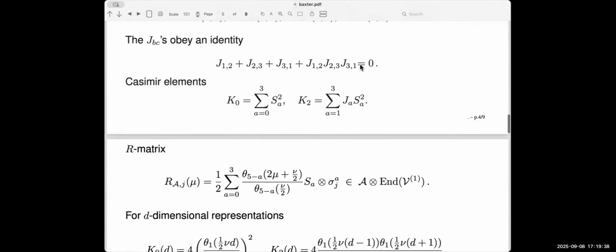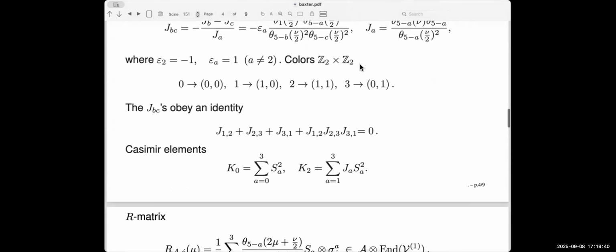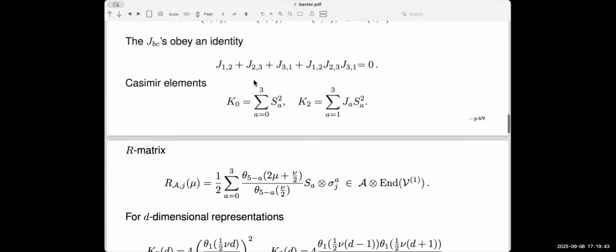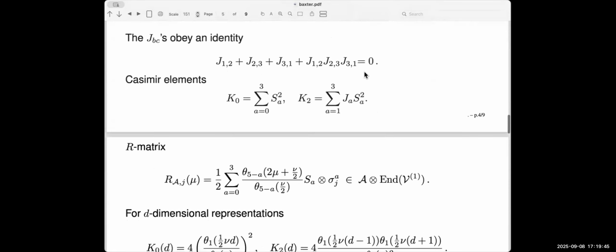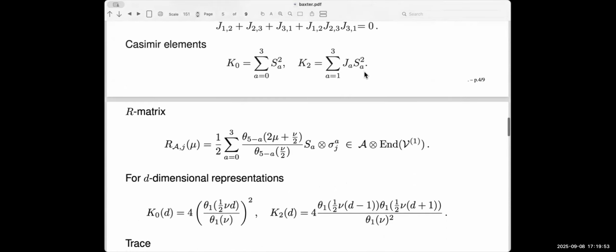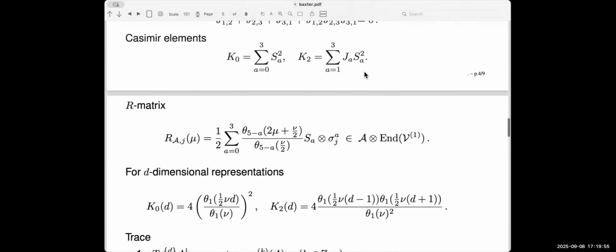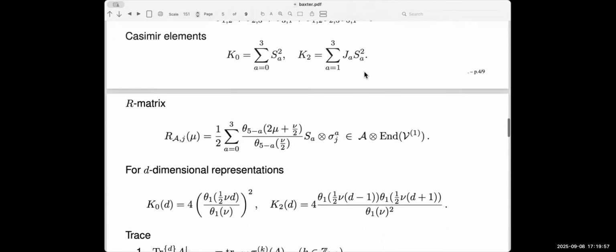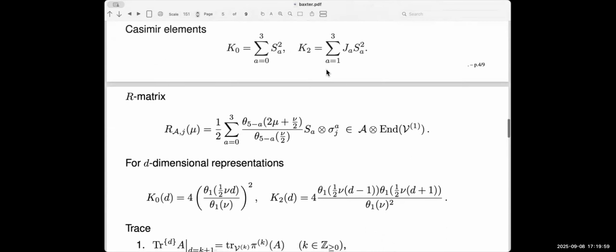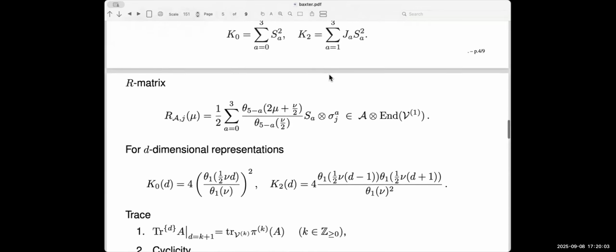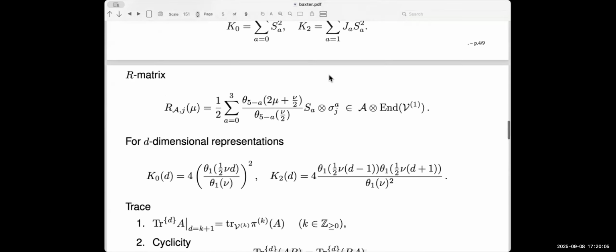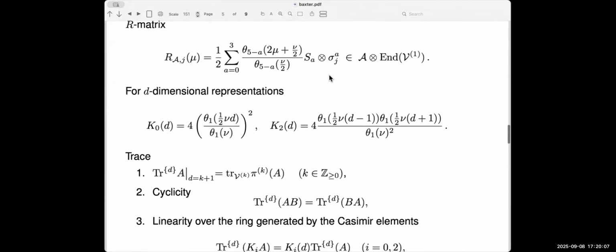And the structural constants satisfy a kind of Jacobi identity, which is probably the most important thing here. Then there are two quadratic Casimirs, as we know, K0 and K2, which are written here.